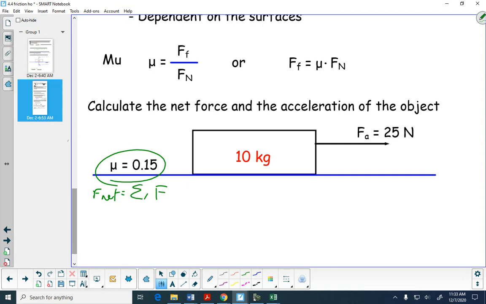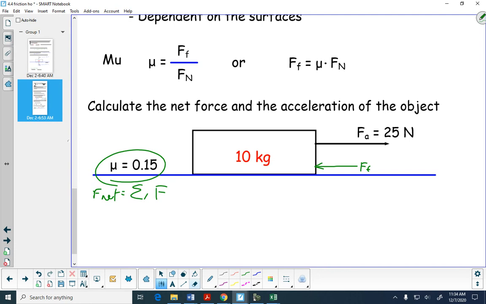To the left. So we're going to have a force of friction that pushes it towards the left. It will resist our motion.